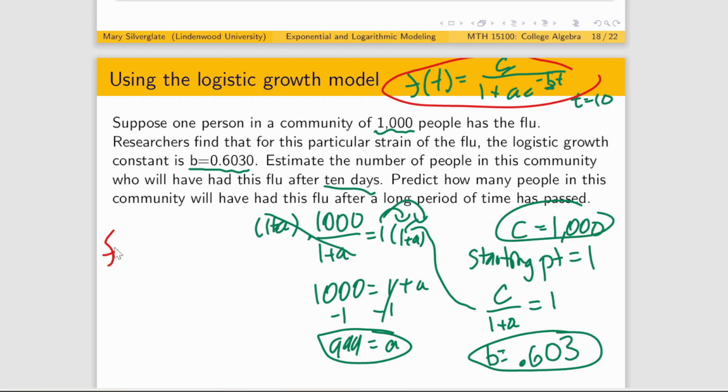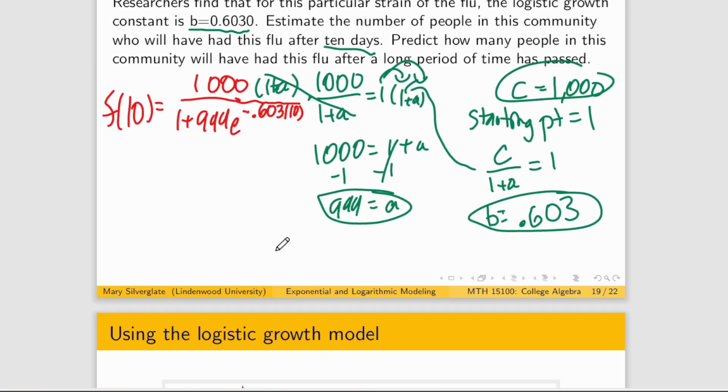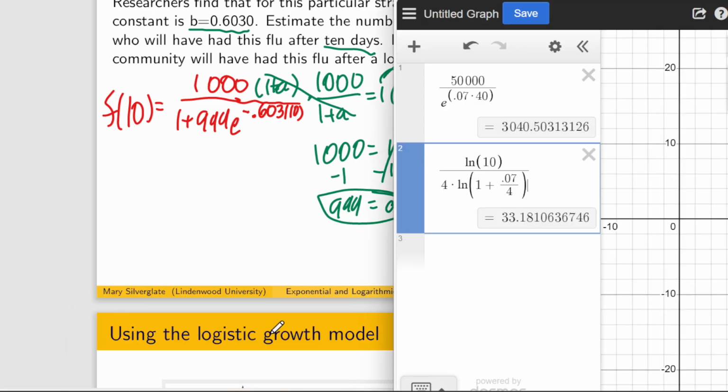So we have the function evaluated at 10 would be 1,000 divided by 1 plus 999, plugging that in for A, e to the negative 0.603, and then we're plugging in 10 for T. And that's exactly what we would then just plug into a calculator. This would definitely not be something you'd be expected to calculate by hand.